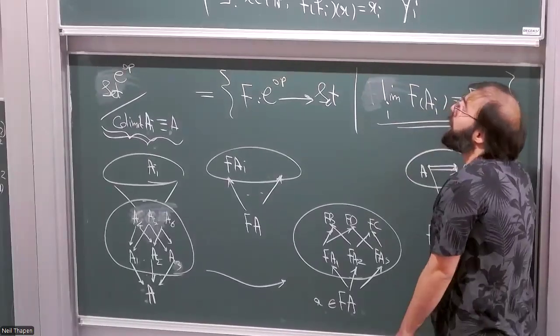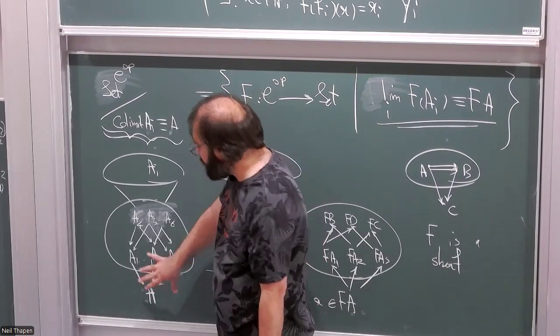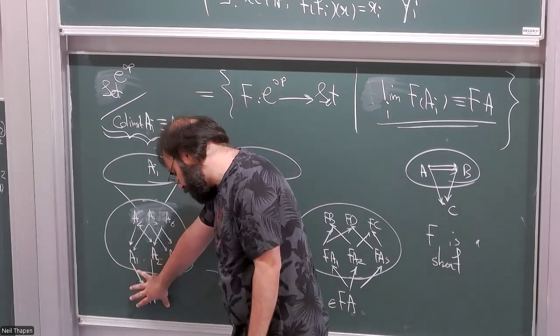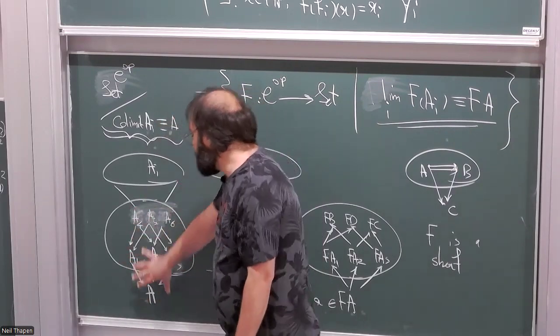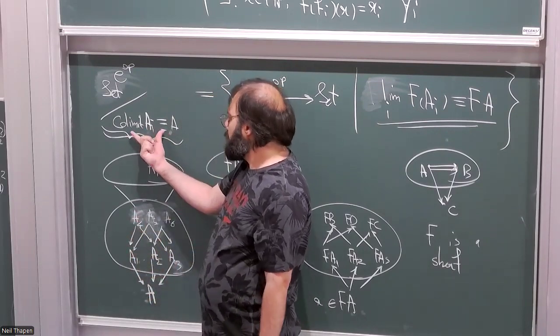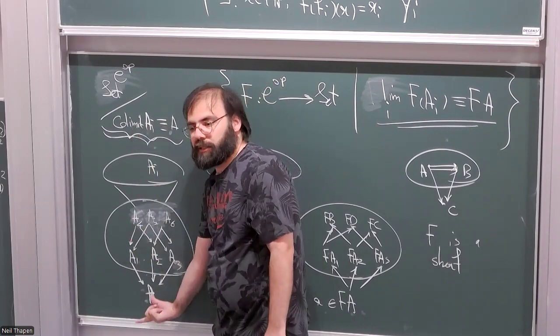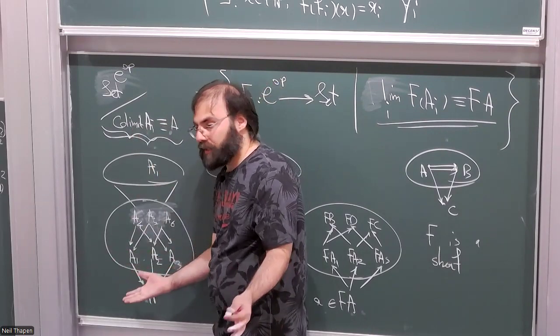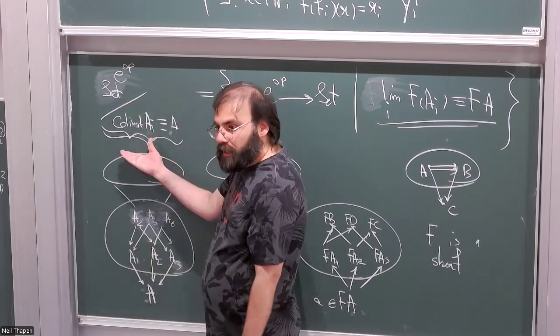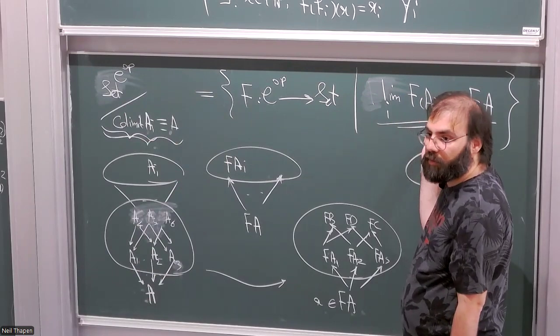So the upshot is that if you start with some coverage, construct these guys, and axiomatize your relations as these relations, which seems very specific, then your quotient is nothing but the category of sheaves.